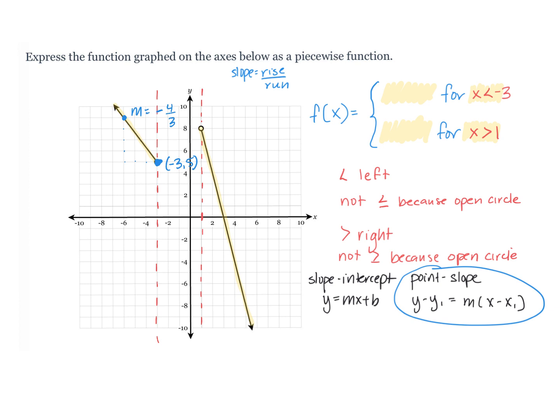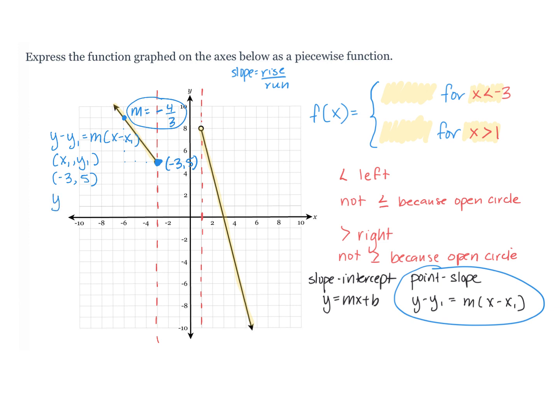So we would put each one of these pieces into that point slope form. So our point slope form is y minus y1 equals m times x minus x1. x1, y1 is the point that we found. So that's going to be (-3, 5). And then m, we saw, is the slope.